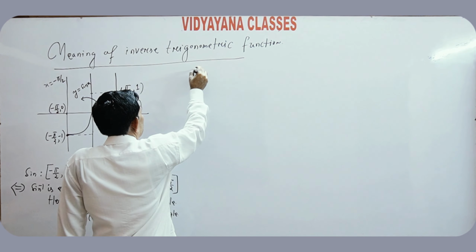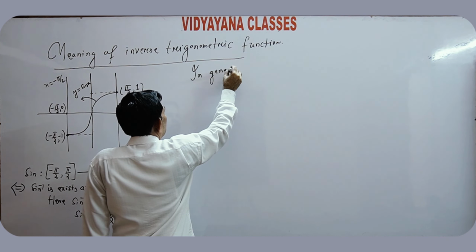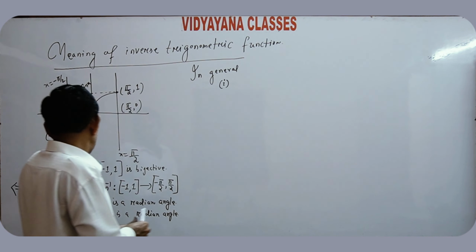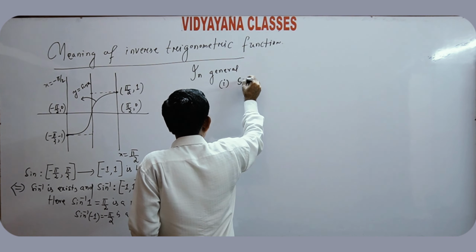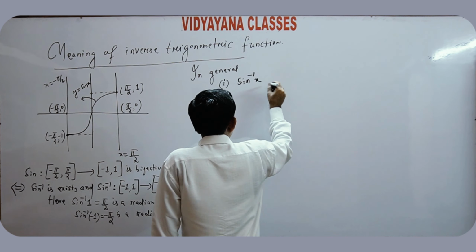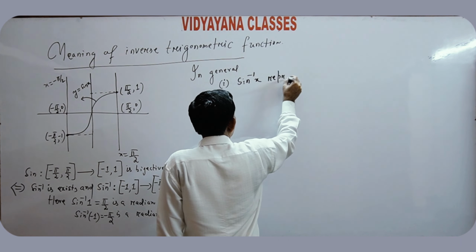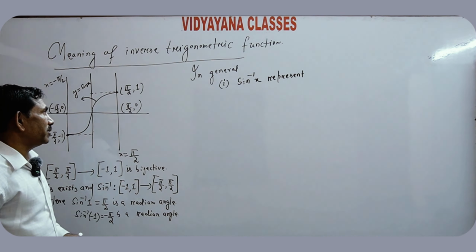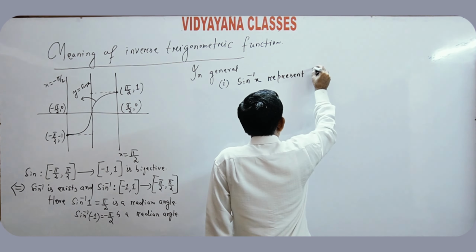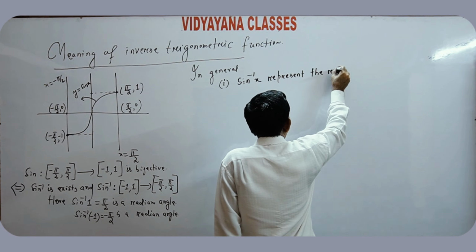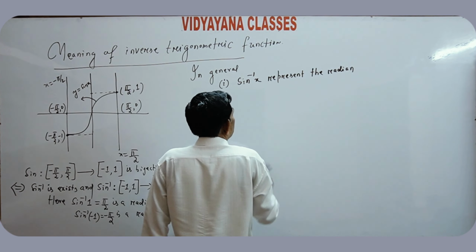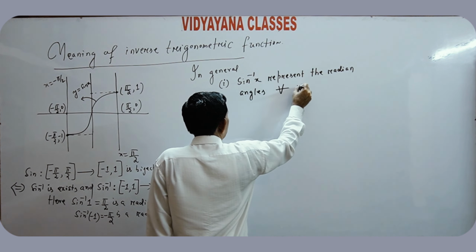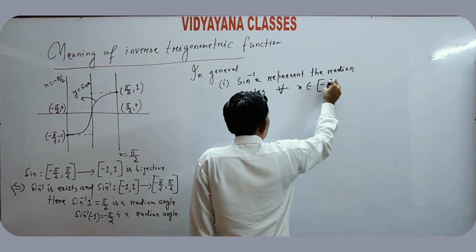In general, we can say sin inverse x, where x means 1, minus half, plus half, etc., represents the radian angles for all x belongs to close bracket minus 1, 1.